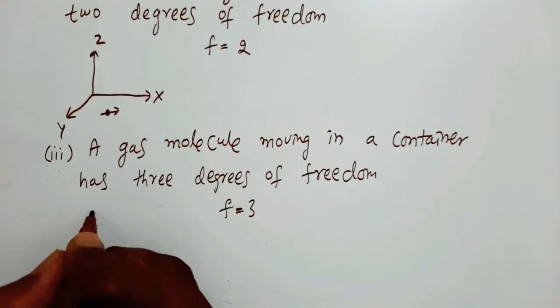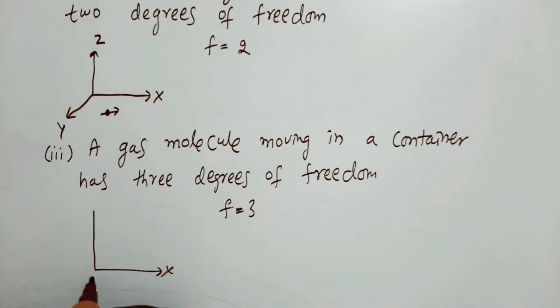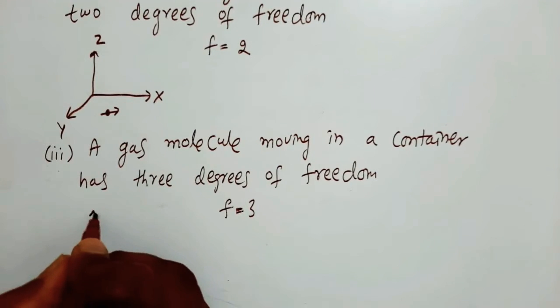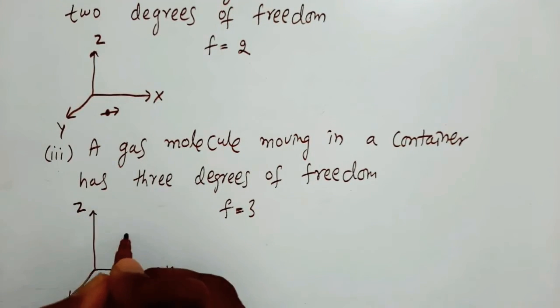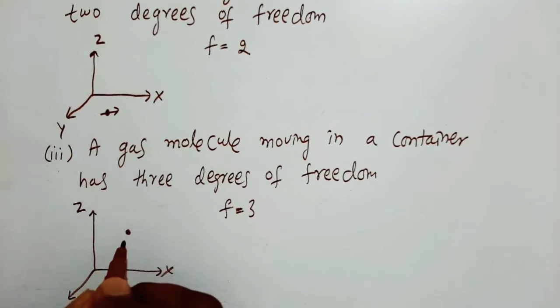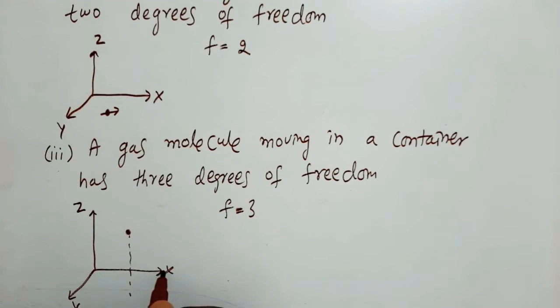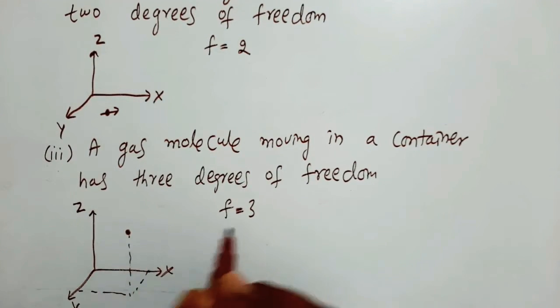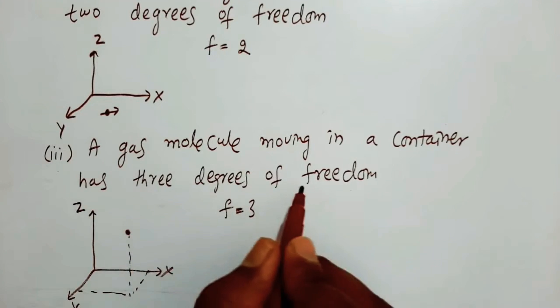Here I am taking this as the x-axis, this as the y-axis, and this as the z-axis. So here it is a gas molecule moving in a container. To describe the motion of the gas molecule, we require the x coordinate, y coordinate and z coordinate. So here the number of degrees of freedom is 3.